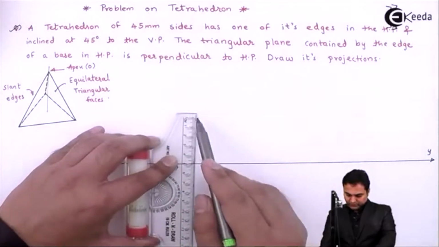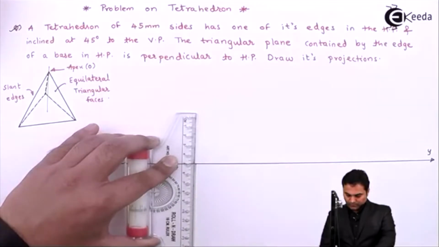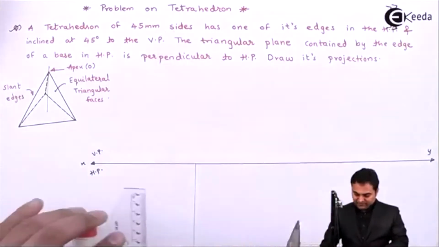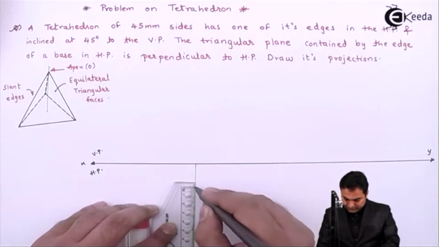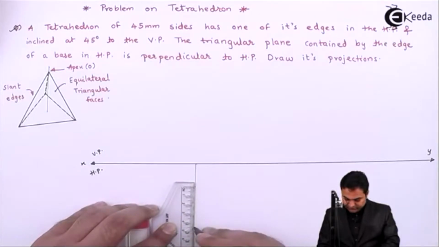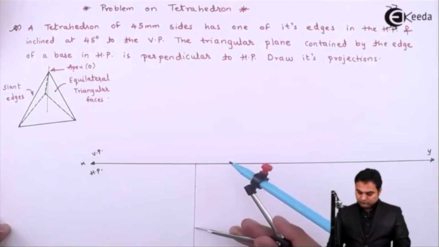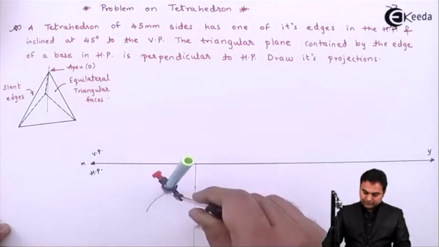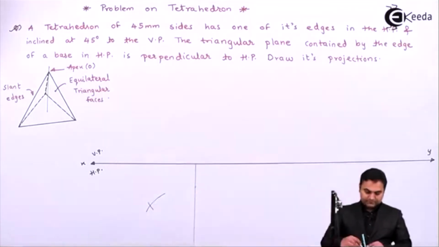So for that, here I'll draw a light vertical line. Next, marking 45 mm sides over it. So taking the distance as 45 mm, measuring this 45 mm distance, drawing a light arc, cutting it from the other side.